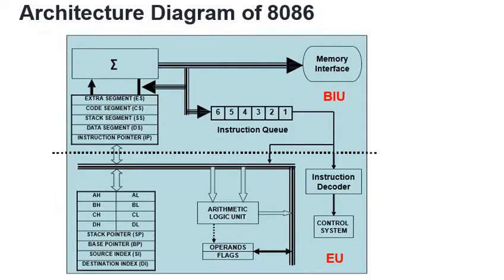So this picture shows the internal architecture diagram of 8086. The part above this dotted line indicates the bus interface unit, and the part below this dotted line indicates the execution unit. The bus interface unit has segment registers, instruction pointer, physical address calculation part, an instruction queue, and memory interface for connecting with the external memory.